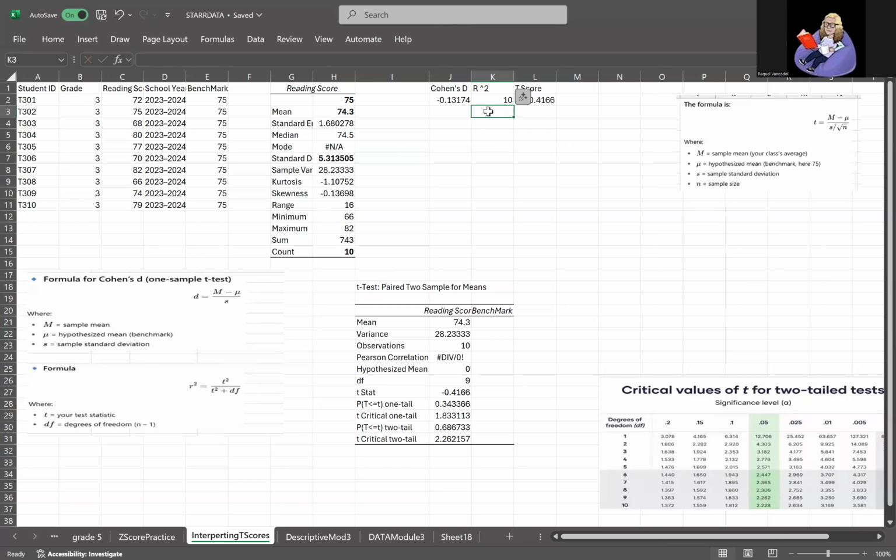Let's try it again. So for the formula, I'm going to have my t-score.